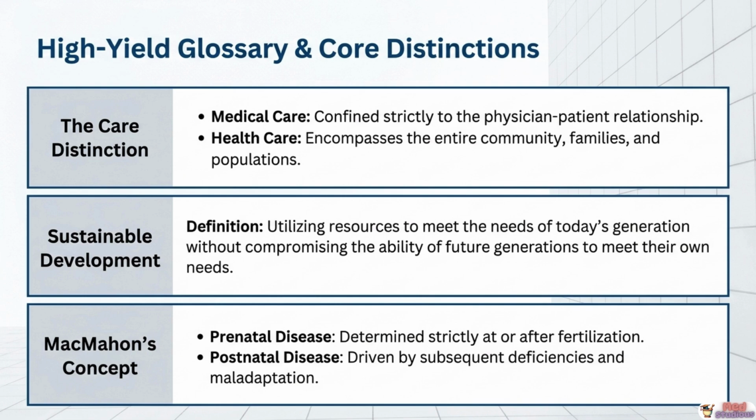It is the clinical encounter between a doctor and a sick patient. Healthcare, by contrast, is a far broader concept encompassing the entire community, families, and populations, including health promotion, disease prevention, environmental health, and all the social determinants of health. Every community medicine intervention you have studied in this lesson is an act of healthcare, not merely medical care.